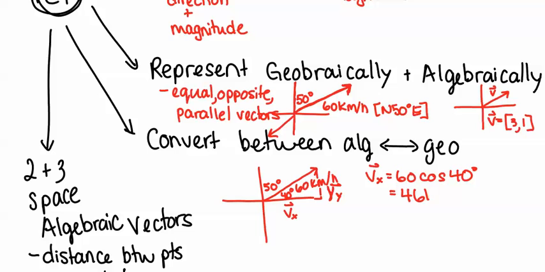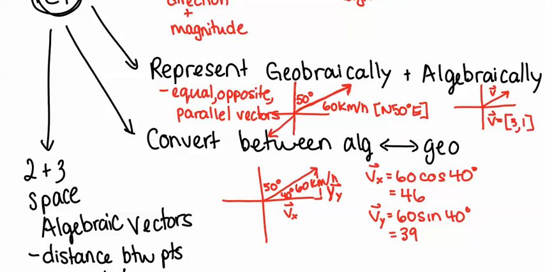And then I'll get the y component, which is 60 sine 40. So 60 times sine 40 is 38.6, or I'm just going to say 39.